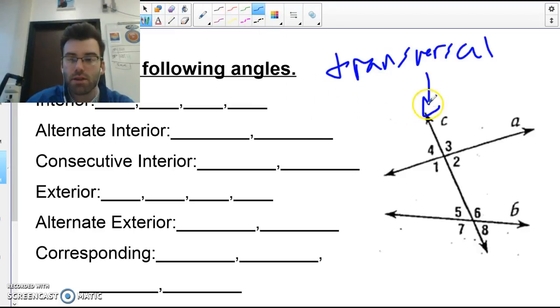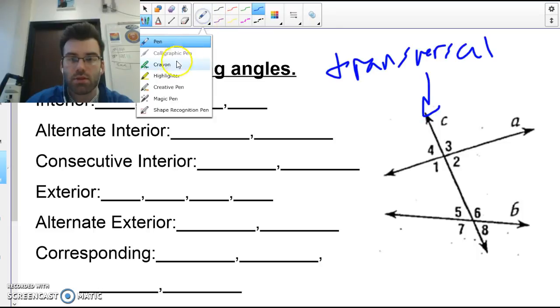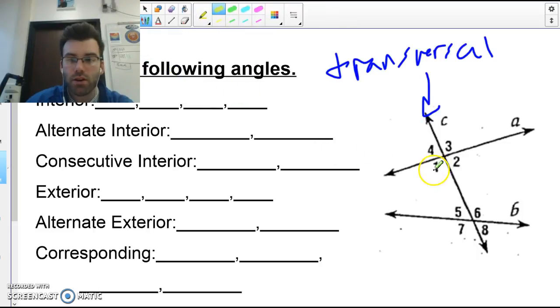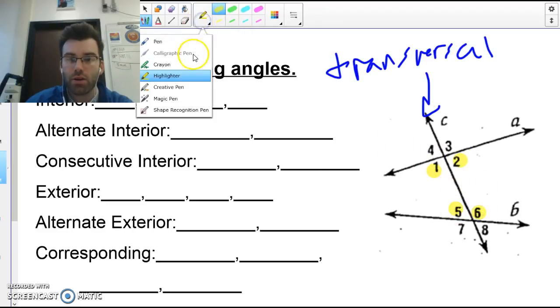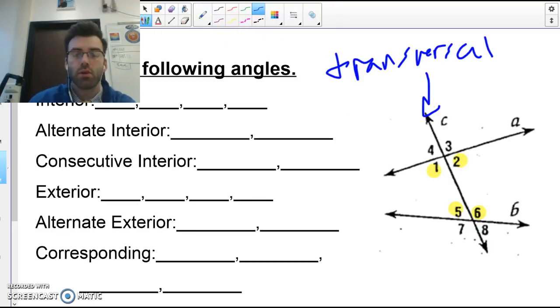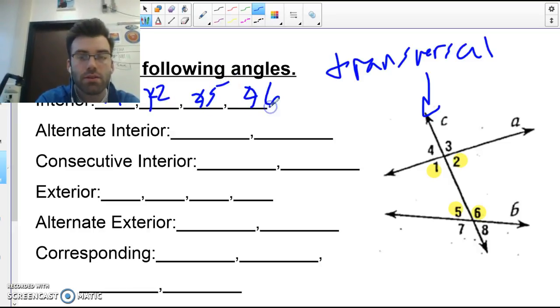So C is the transversal. Which angles would be considered our interior angles? Interior angles are the ones that are in between, or on the inside of, our 2 lines. So our interior angles would be angle 1, angle 2, angle 5, angle 6.